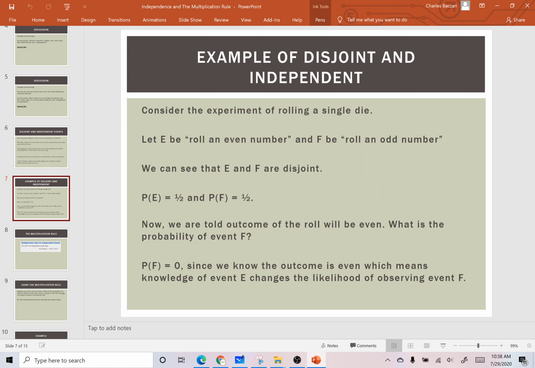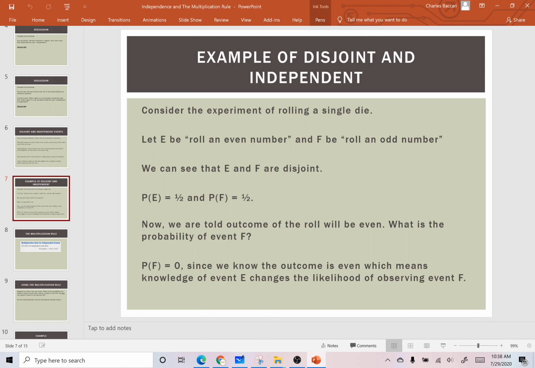Consider the experiment of rolling a die. Let E be the event rolling an even number and F be the event rolling an odd number. We can see that the events E and F are disjoint. Obviously, if you roll an even number, you can never roll an odd number. Now we are told the outcome of the roll will be even. What is the probability of event F being odd?